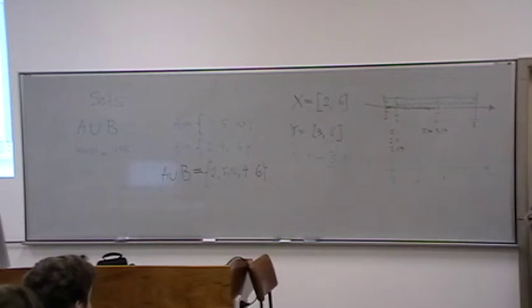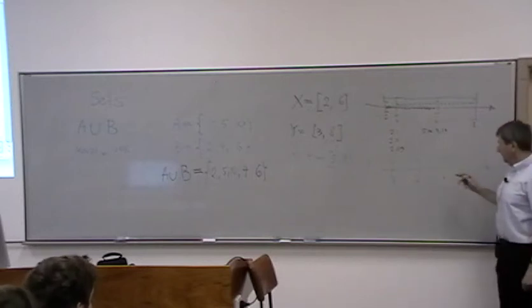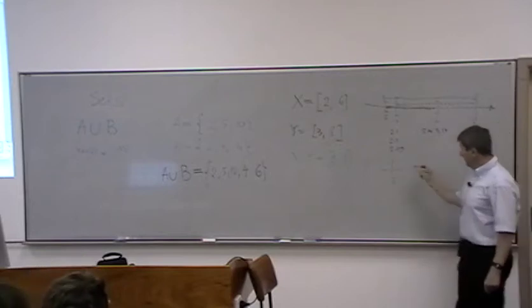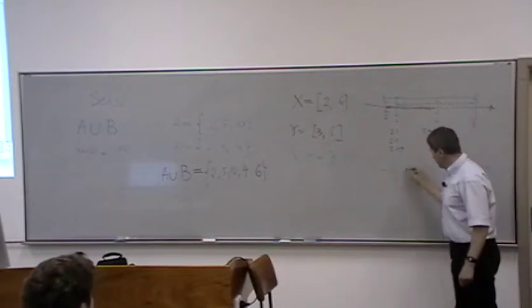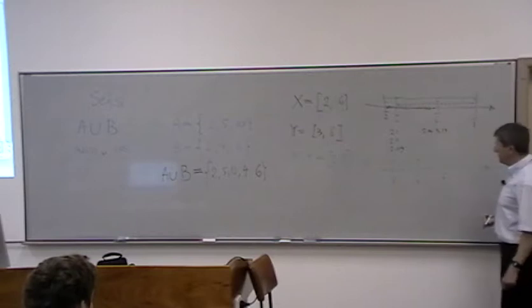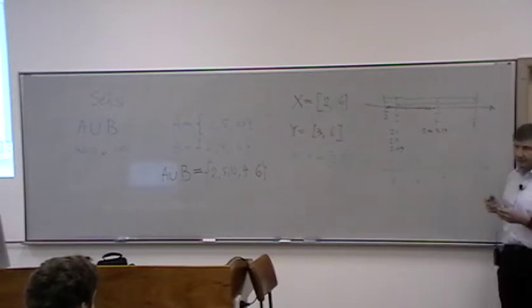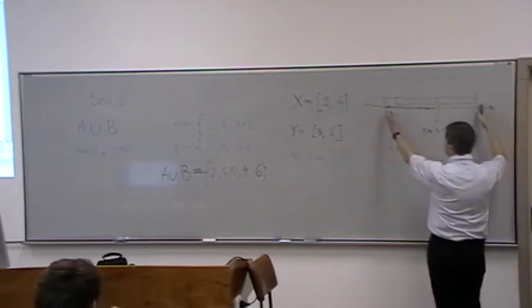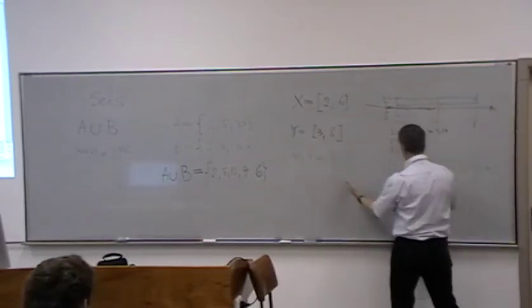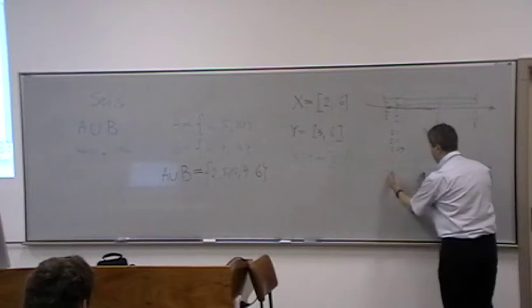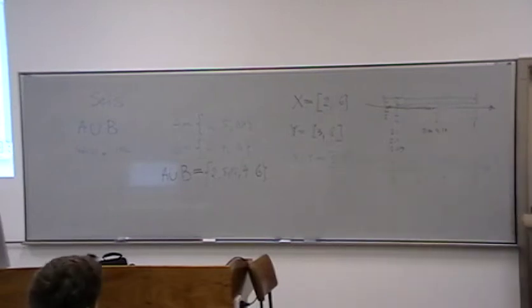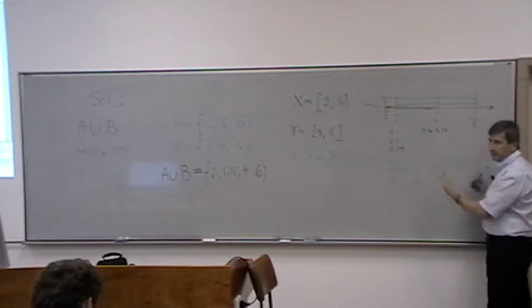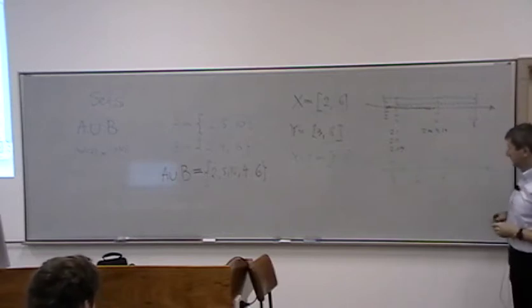Then we can depict the union. The union would be the set of any number which is here or here, but we cannot write it as a simple interval. So there's no way to write it in an easier way. Here we can simplify it, it's again an interval. If we form the union of two intervals which do not overlap, then that's just the union. There's not much else we can say about this.